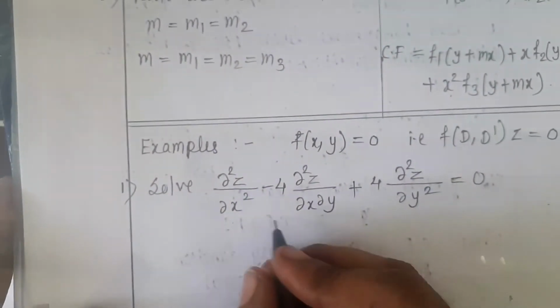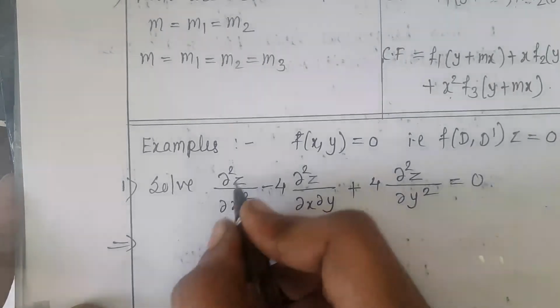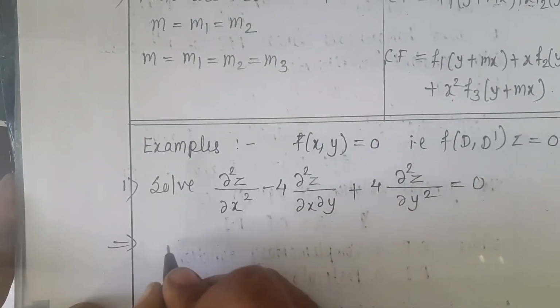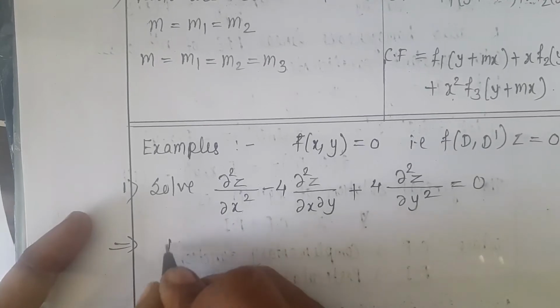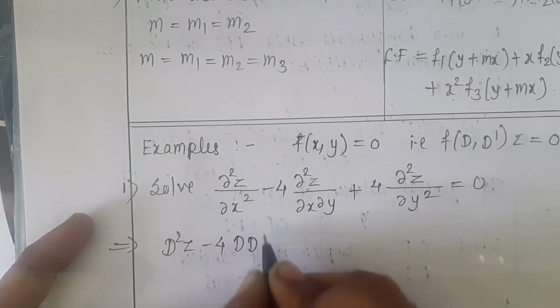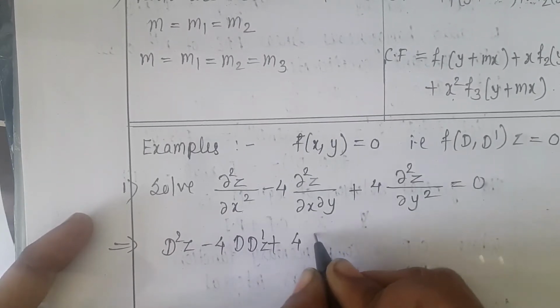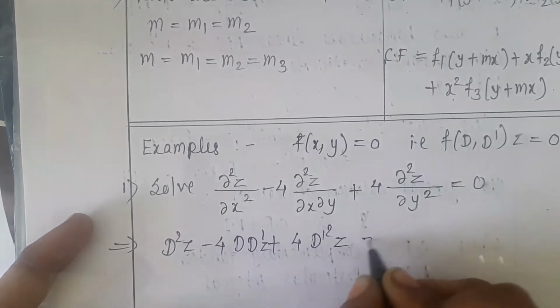Next, the second example is similar. We convert this example into d and d dash first. Every time there is no need to write what d is, you can write directly also. So this becomes d square z minus 4d d dash plus 4d dash square z equal to 0.